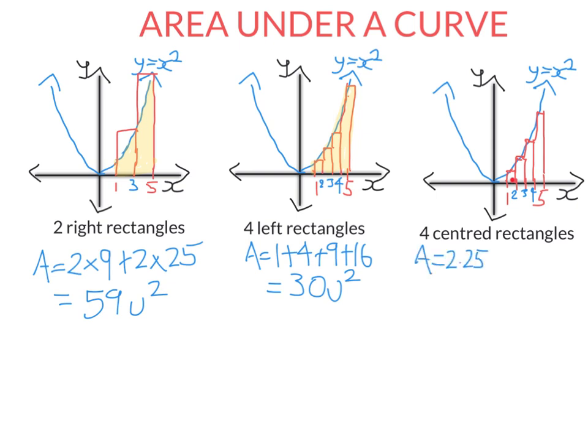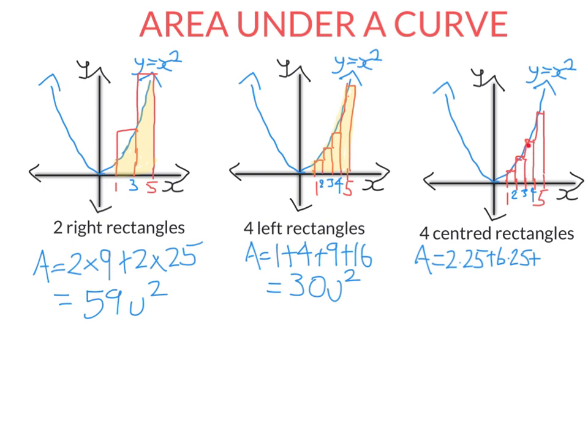And for the next one, width is 1, but if it meets the curve in the center, it will hit when x is 2.5, so the length will be 2.5 squared, which is 6.25. And then similarly, the next one, it will have width of 1, it meets the curve halfway between 3 and 4, so x is 3.5.